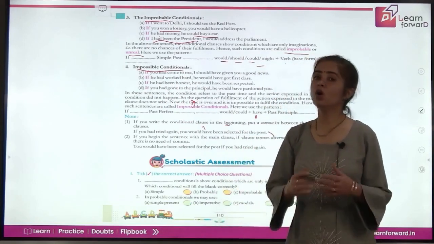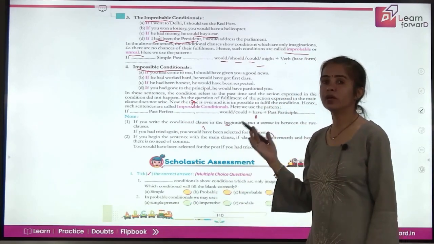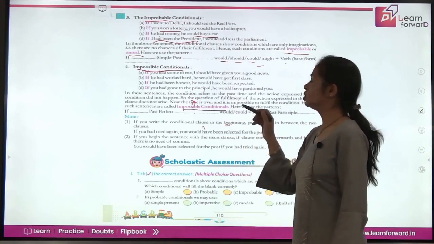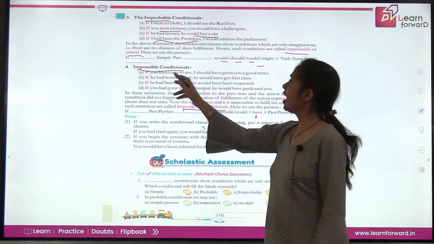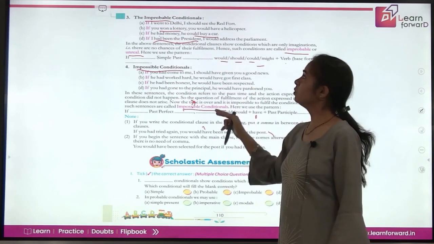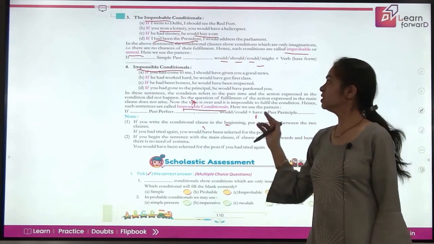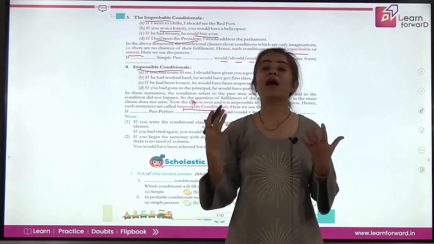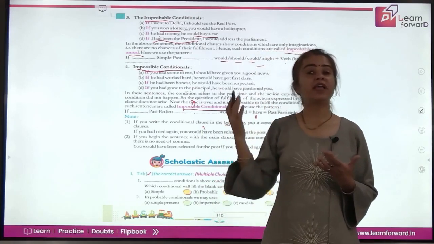Next is impossible conditionals. They are not going to happen. This is not at all possible. So these are called impossible conditionals. Like, if he had come to me, I should have given you a good news. Now, what is the difference between improbable and these impossible conditions? In improbable conditions, you just imagine that world if it had been.